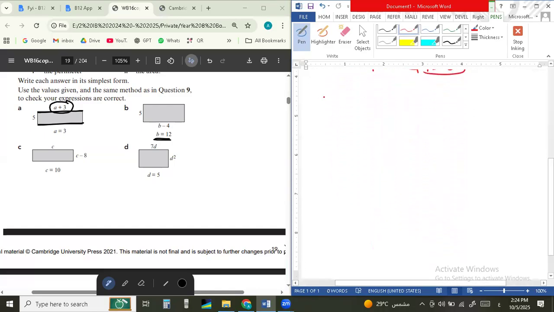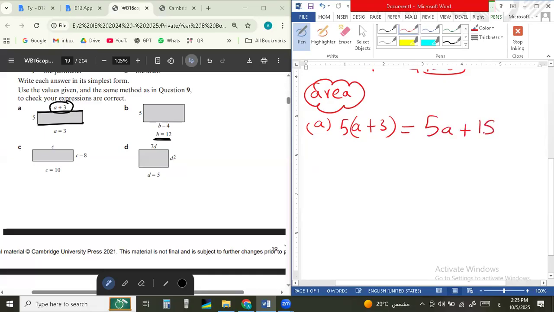Area of shape A. Area is length times width, which means A plus 3 multiplied by 5. Here is the expression. Let's expand. 5A plus 15.